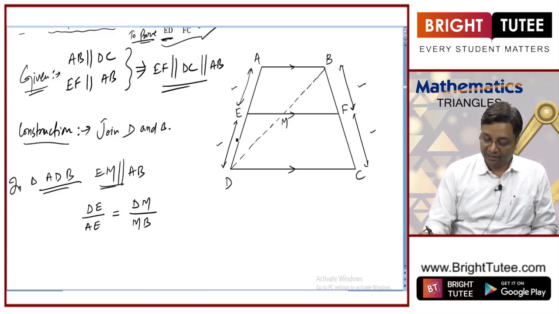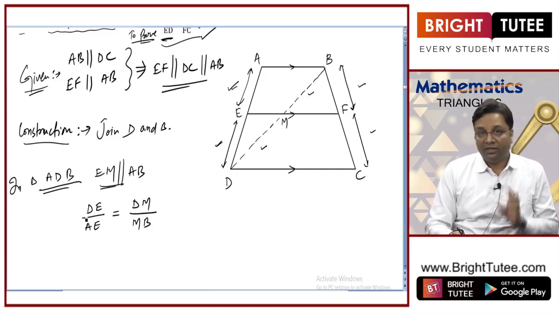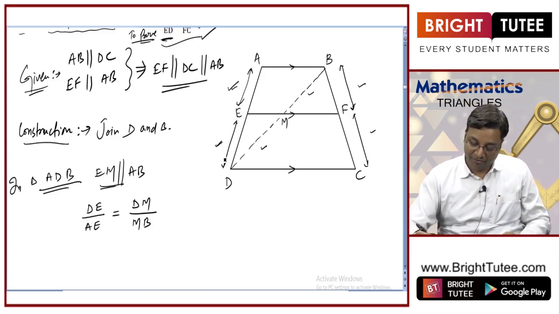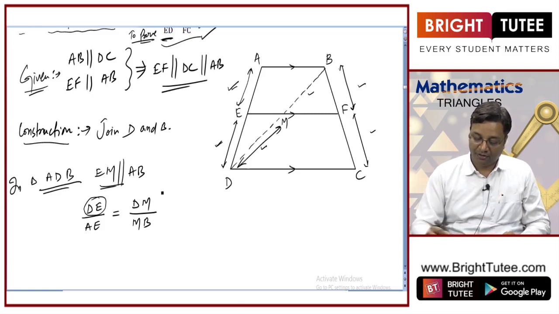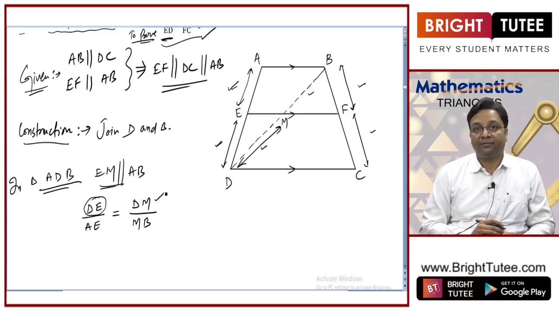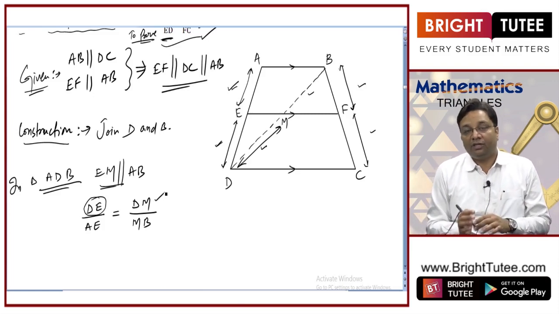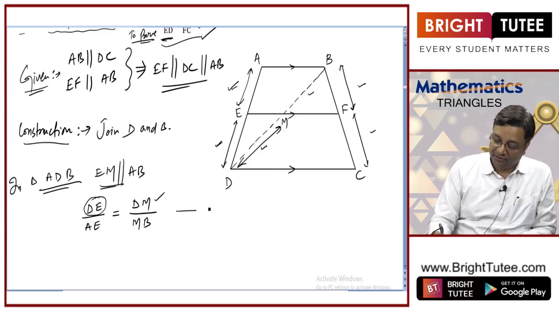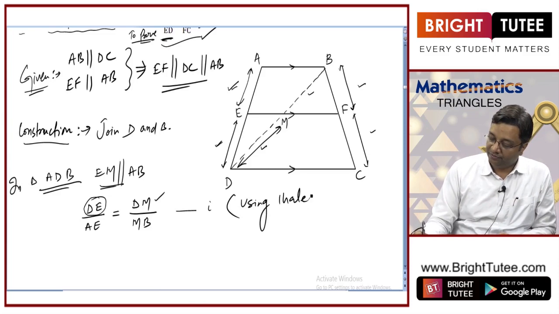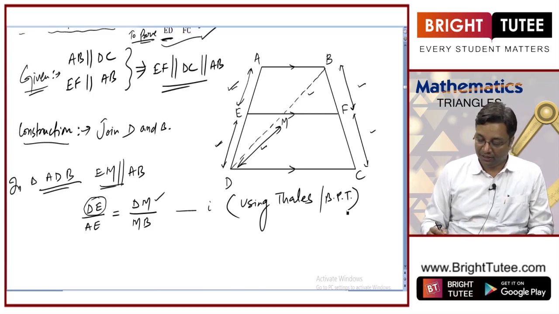Now you cannot say that DE by AE is equal to MB by DM, that will be wrong. You need to take care of the correspondence: if I am writing DE here in the numerator, then I need to write DM on the right hand side in the numerator, right? So this is the correspondence that we were talking about in the introduction. So this is the result we have got using Thales theorem or BPT, basic proportionality theorem.